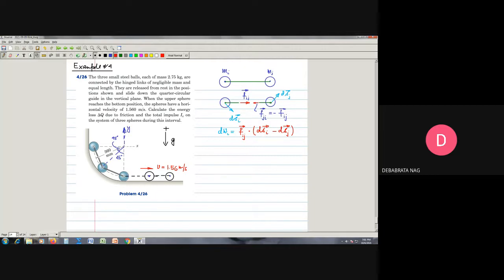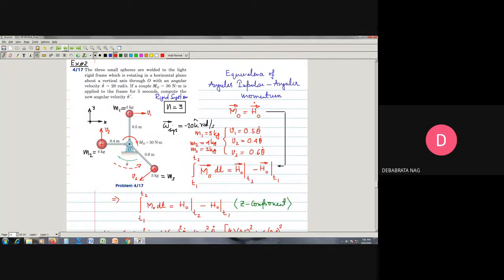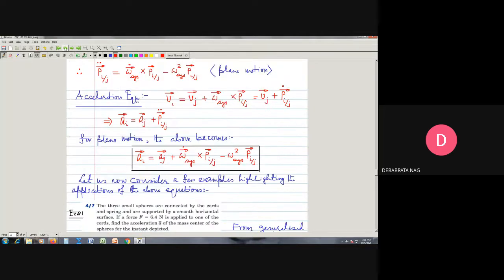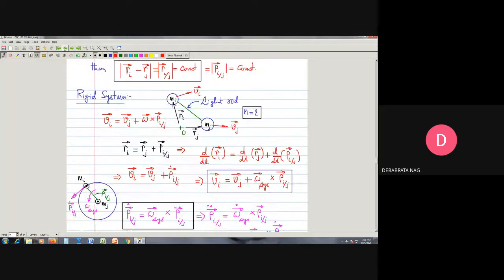Now from our knowledge of rigid system dynamics, we have seen the relationship between the velocities at the 2 points of a rigid system.